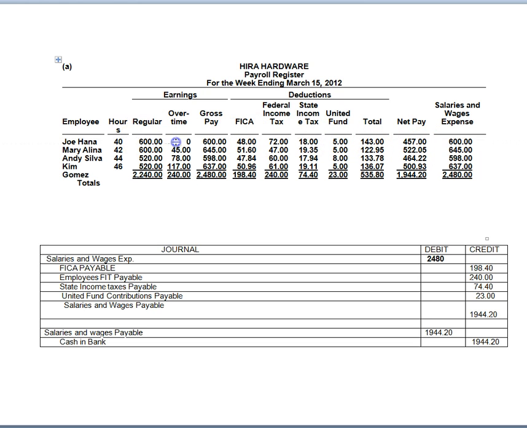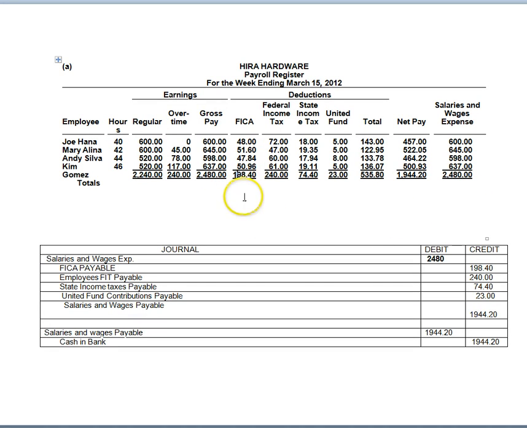So the same information for each person that you see here is transferred to a record called an individual employee's earnings record, which you will see in the text.